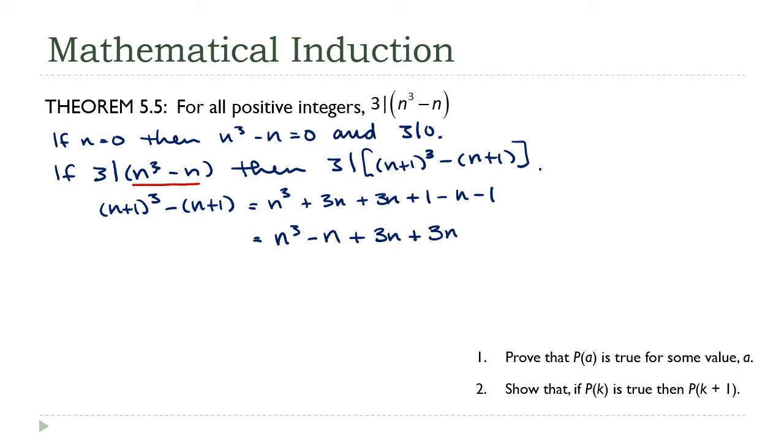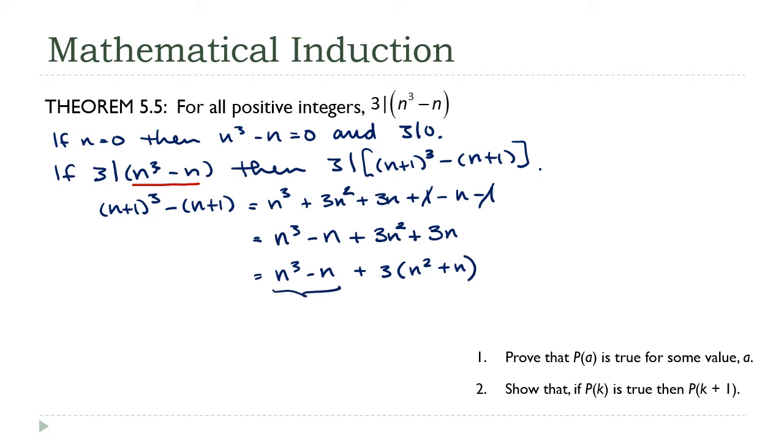And I am going to combine the 1 and the minus 1 and let them cancel. Okay, this is what I need. I'm going to do one more thing. I'm going to factor out the 3. This is n cubed minus n plus 3 times n squared plus n, and that's what I needed. All right, that did it.